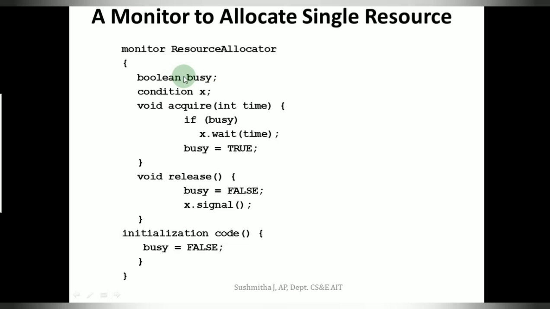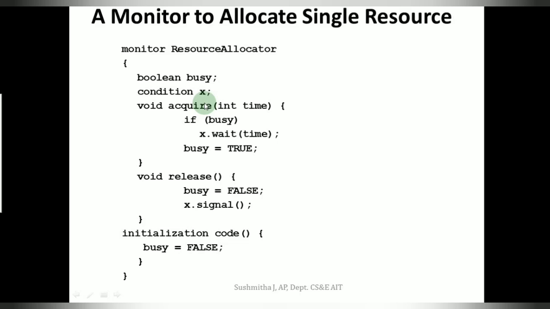You have this boolean busy. This can be either true or false. This variable is used to indicate if the resource that you are trying to acquire is busy or free. And we have the conditional variable x, by which we can call wait and signal.